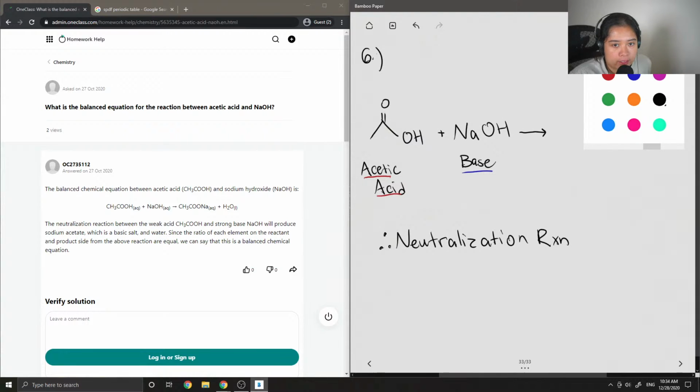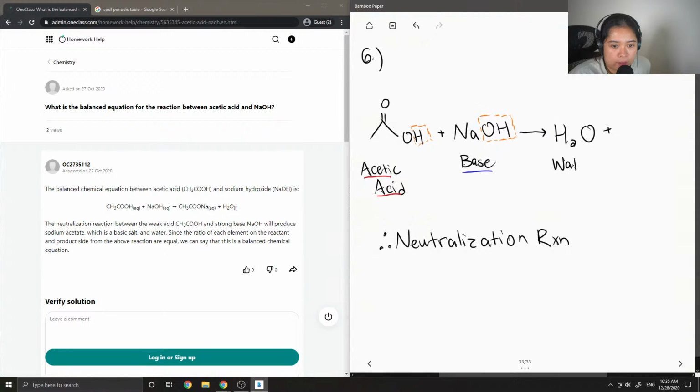Okay, so we can see that water can be formed using one of the protons in acetic acid and the OH in sodium hydroxide. So this gives us water.